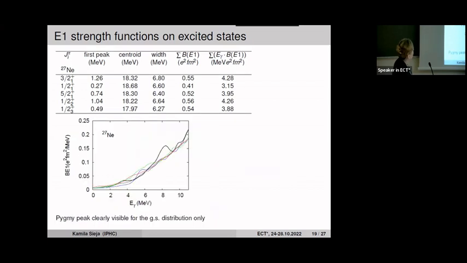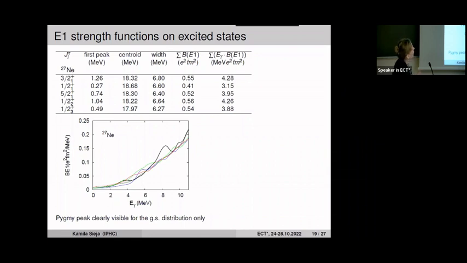There is one thing that is interesting for me, and that I don't completely understand yet: this bump is only present when you look at the ground state. I don't see something equivalent to pygmy when I consider the excited state strength functions.